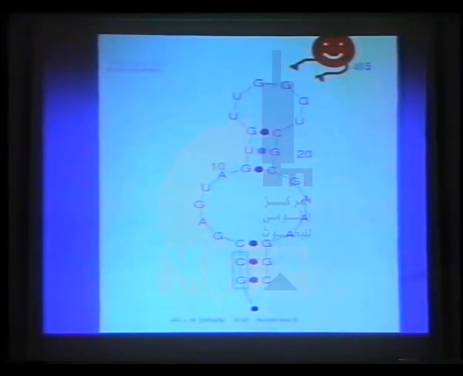So we decided to analyze the sequence at the 5' upstream region, and particularly we concentrated on the 3D stem loop structure in our patient. So this is the triplet G that is very important for binding to the 40S subunit.